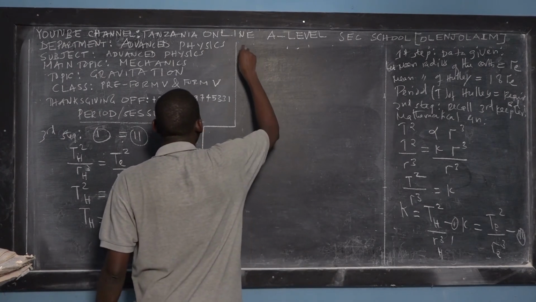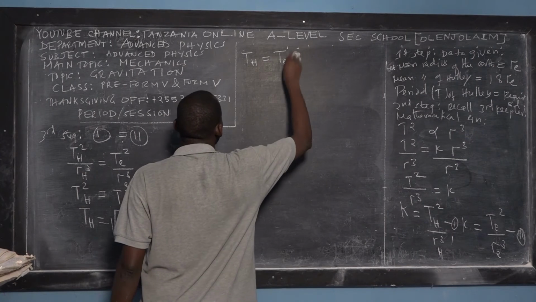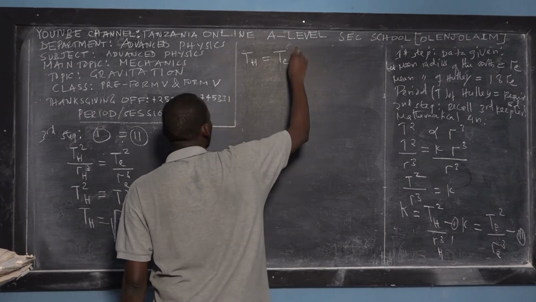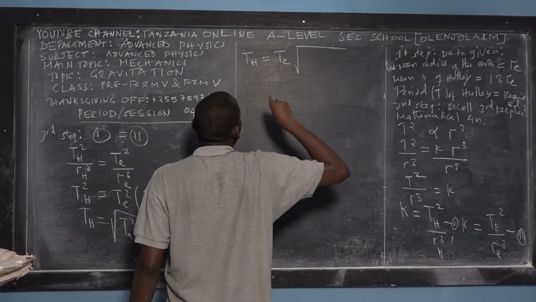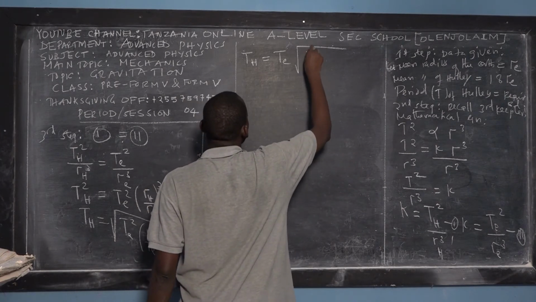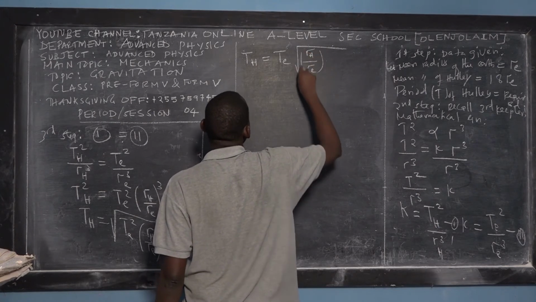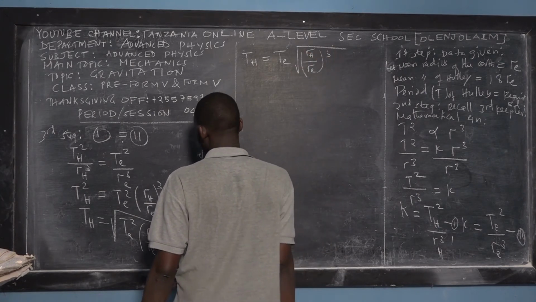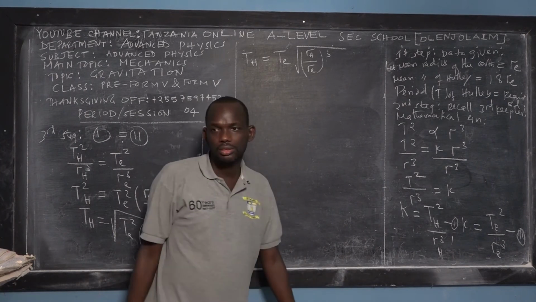So the period of Halley is the period of the Earth times the square root of the radius of Halley over the radius of the Earth, cubed. Okay?